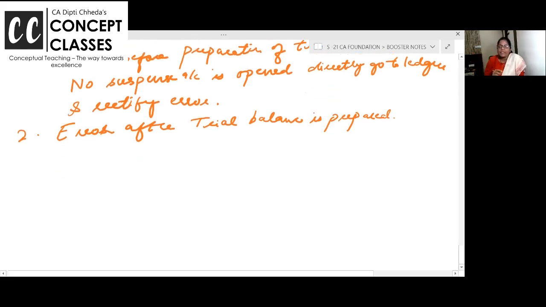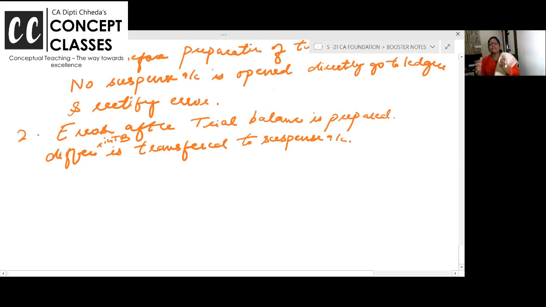After the trial balance is prepared, the difference is transferred to suspense account. You know, the trial balance difference is transferred to suspense account.